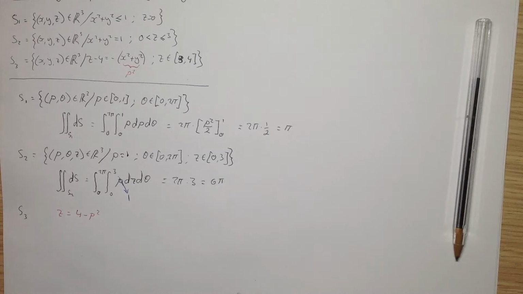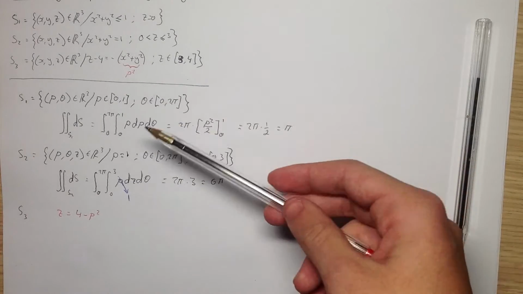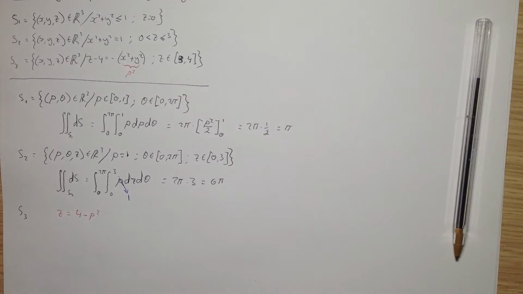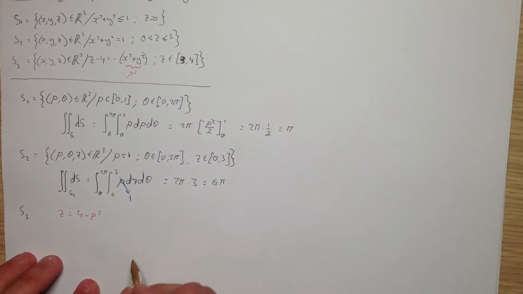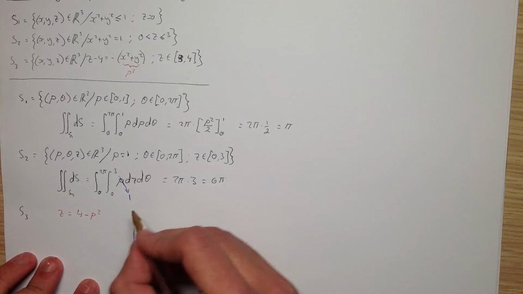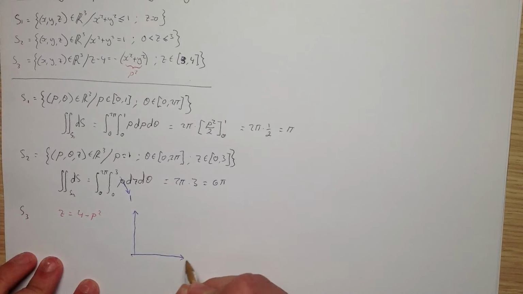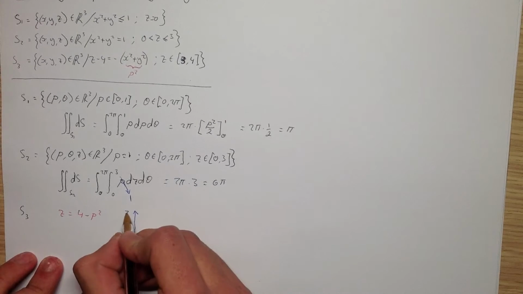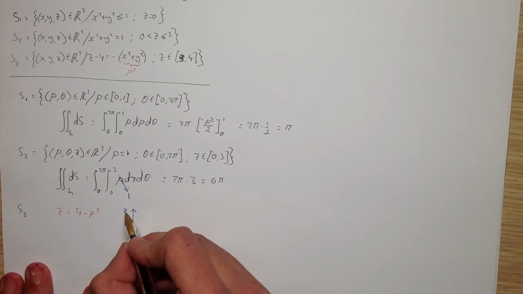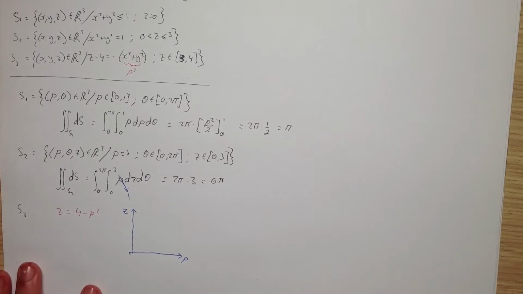Alright, so to know the shape of this domain, we will plot rho against Z axis. So rho and Z. So now let's put some values and see what a line will be like.